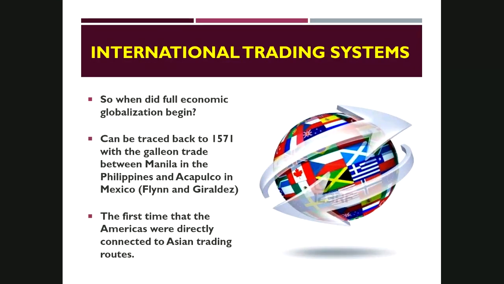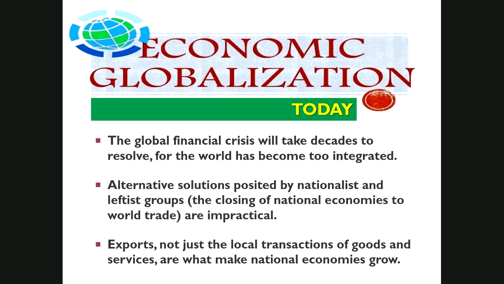So you talk about the Spanish colonization in the Philippines. And this was the first time that the Americas were directly connected to the Asian trading routes. But of course, you have to consider that the Filipinos had no benefit during the galleon trade, because they were only the builders of the galleons, but definitely we were not benefiting from anything out of the galleon trade between Manila and Acapulco in Mexico during this time.